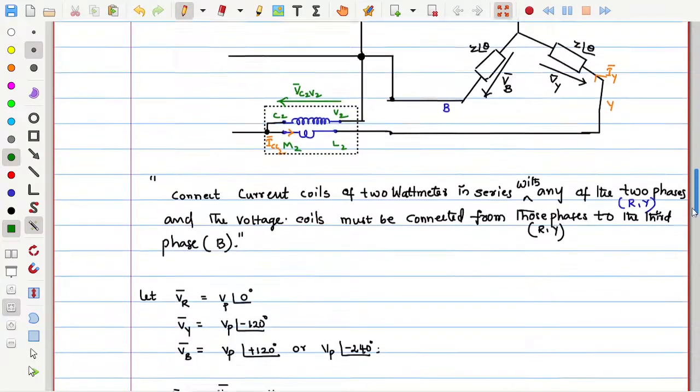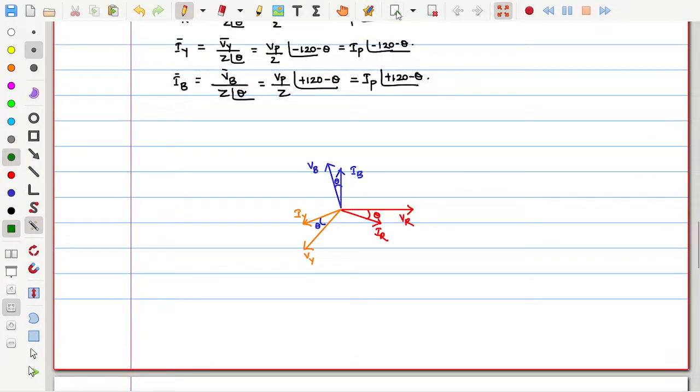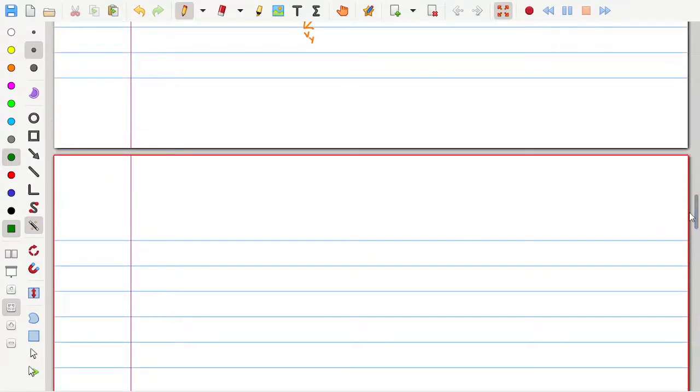Now let me write these wattmeter readings as they are first, then I'll think of what can be done. So W1 reading is equal to the magnitude of VC1V1 into the magnitude of ICC1 into cos of theta V1 minus theta I1, where V1 means VC1V1 and I1 means ICC1. Similarly, what about W2?